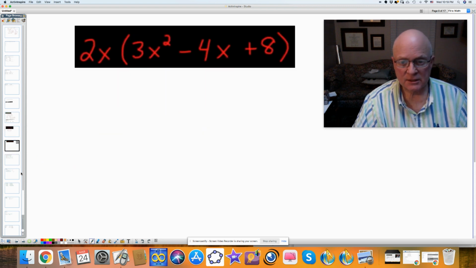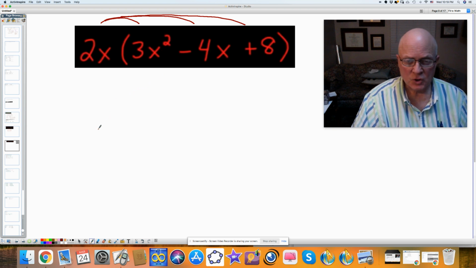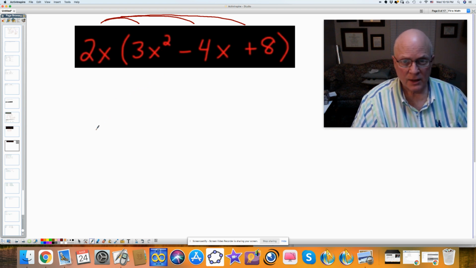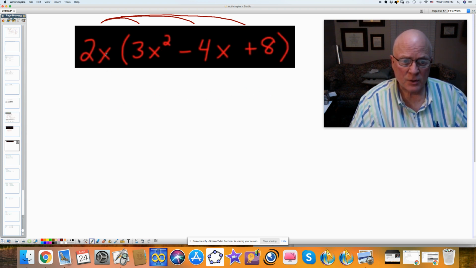Let's try a second example here. We'll multiply the 2x by the 3x squared, by the negative 4x, and by the 8. I'm going to do this a little bit differently, to show you what might go on in your head. I'm going to say it out loud, but I'm not going to write down everything on the paper. First thing, when I multiply 2x times 3x squared, 2 times 3 is 6.